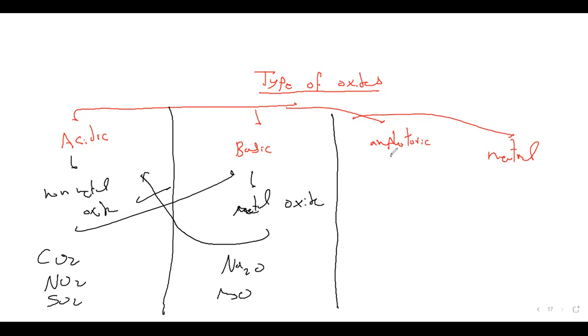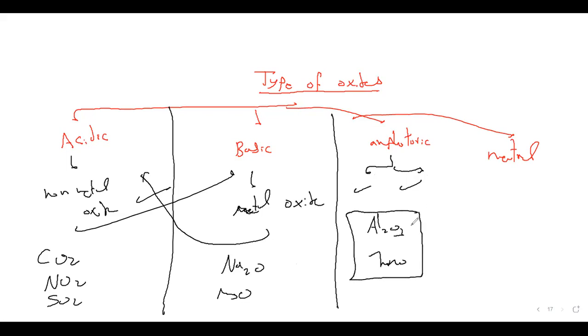Amphoteric oxides react with both acid and base, like aluminum oxide and zinc oxide. Neutral oxides don't react with anything, like water, carbon monoxide, and nitric oxide.